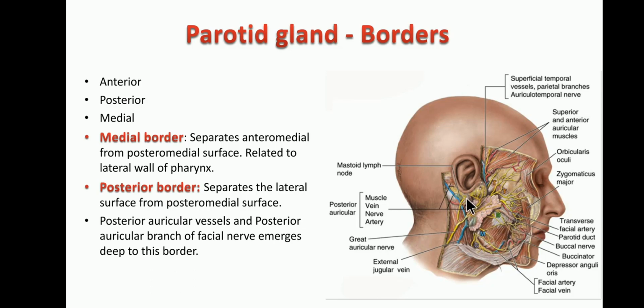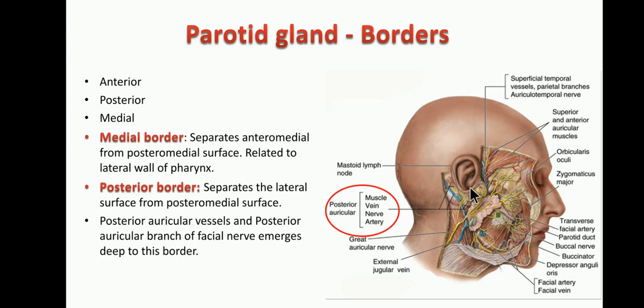It separates the posteromedial surface from the lateral surface. It is related to posterior auricular vessels and nerves. Posterior auricular vessels and nerves are related to the posterior border, and the facial nerve emerges deeper to this border.